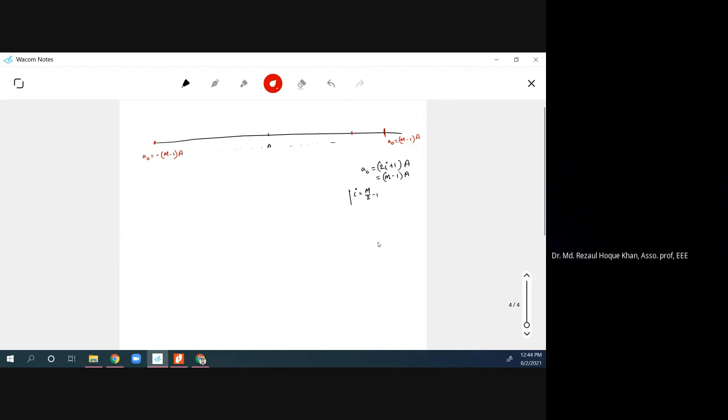If this is the last point, the previous one will be M minus 3 times A.